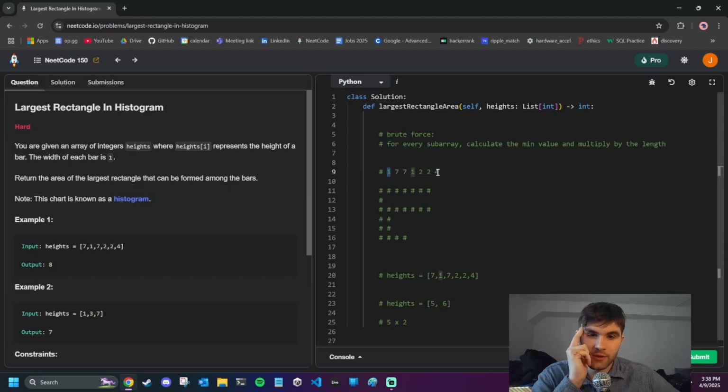So it's 2 to the power n. So this solution would be 2 power n, so pretty slow. Obviously this is a stack problem, so there has to be some sort of stack nature in here.